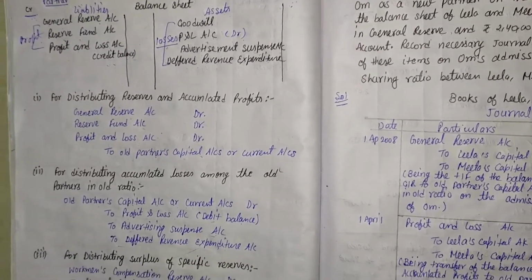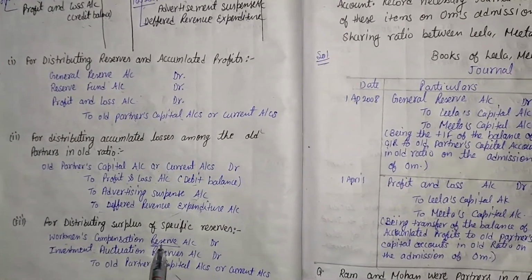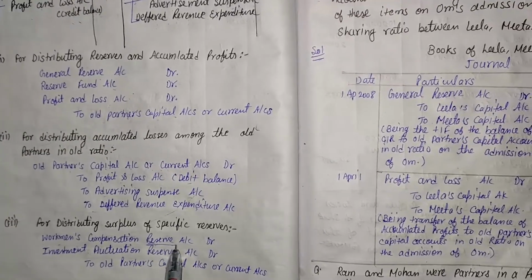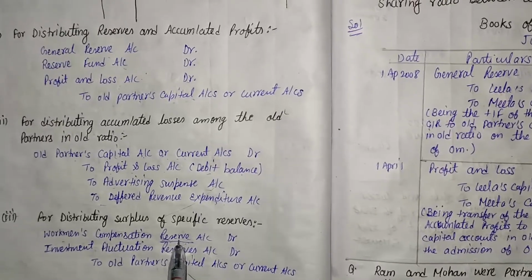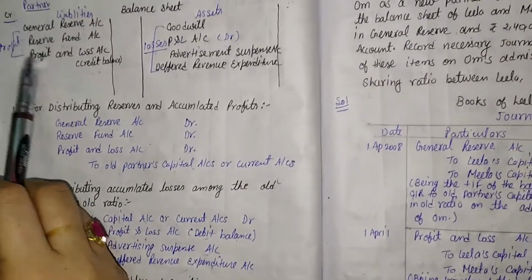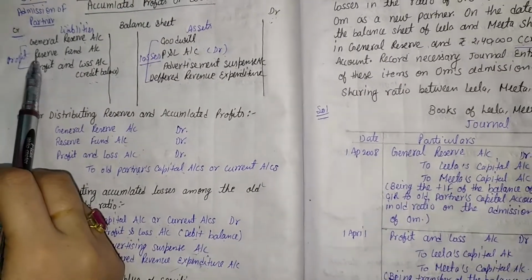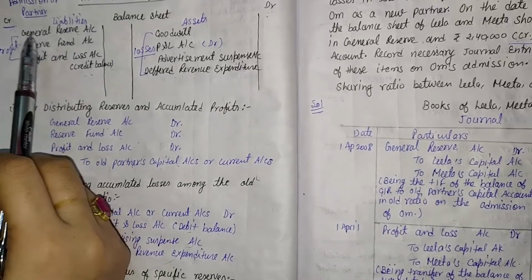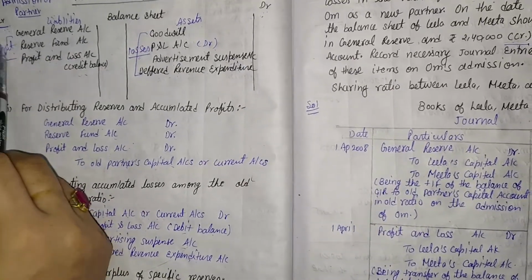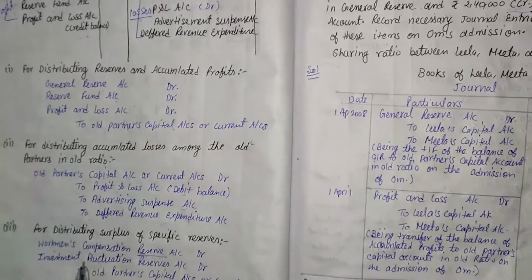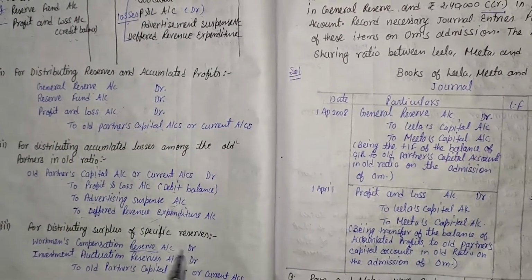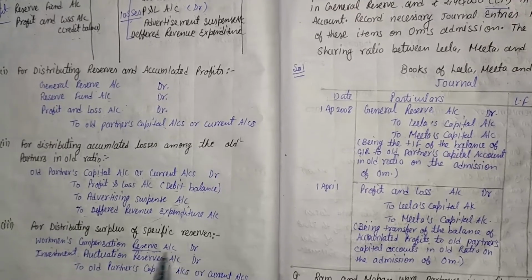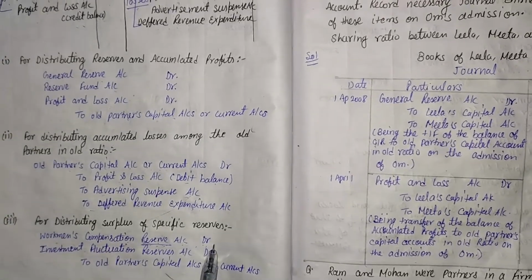Now the third entry is workman compensation reserve. Here the important factor is reserve. Anything that belongs to the reserve category is a credit balance and comes on the liability side. So if anything is a credit balance, we should convert it into debit. Workman compensation reserve should be debited because it is a credit balance, and the reverse of credit is debit.